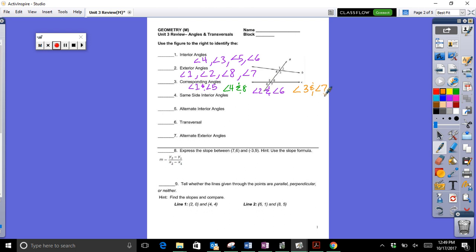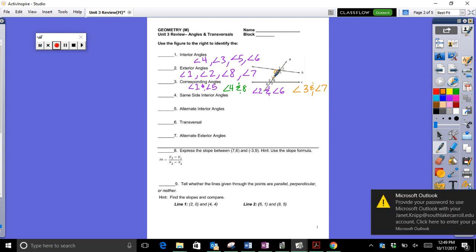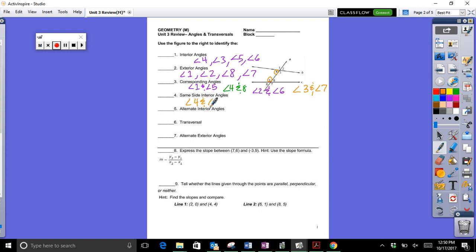Same side interior angles have to be on the same side, and they also have to be on the interior. So I would say angle 4 and 5, and you could also say angles 3 and 6. When we're talking about alternate interiors, those would be on alternate sides, not on the same side.